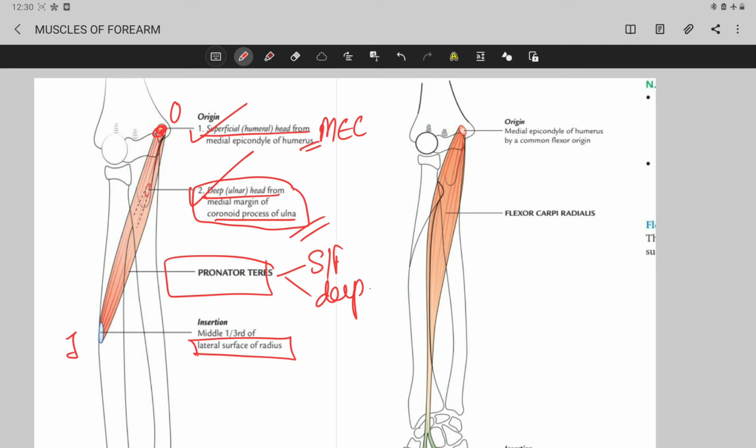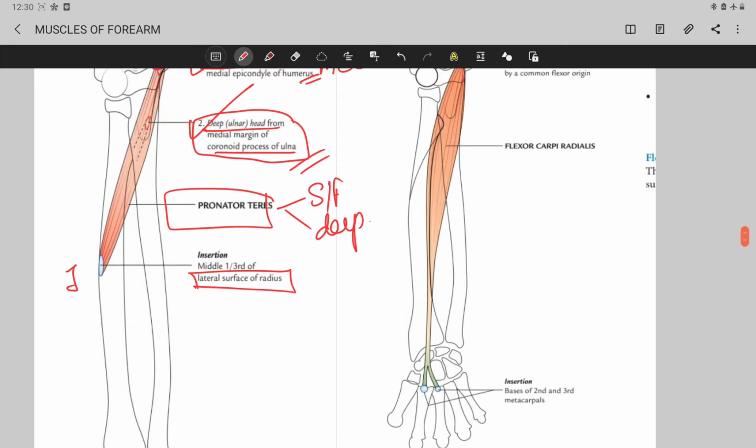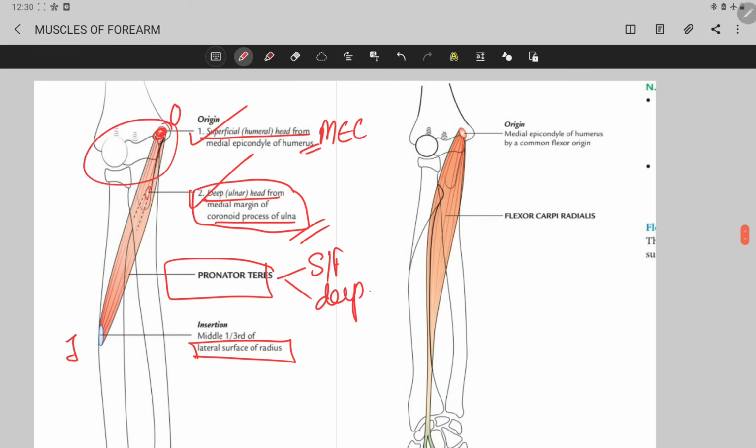And what is the action of the pronator teres? It crosses the elbow joint anteriorly. Any muscle crossing a joint anteriorly causes flexion of the joint, so pronator teres causes flexion at the elbow.